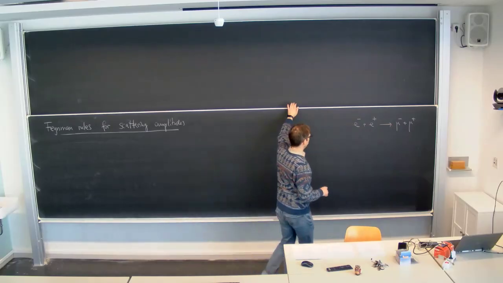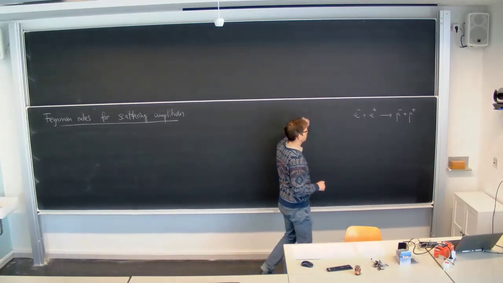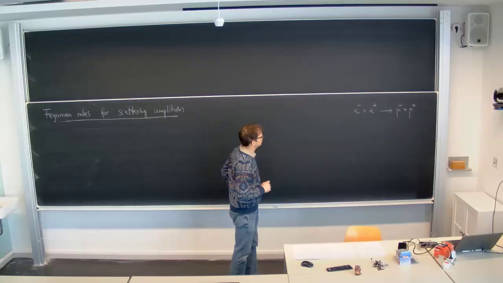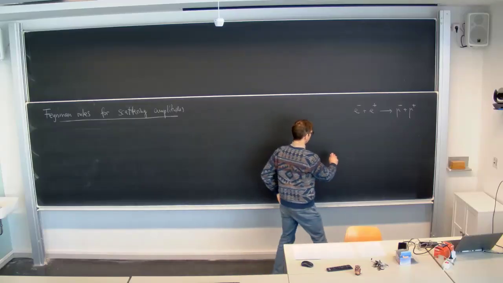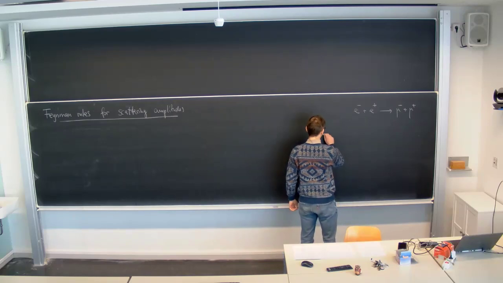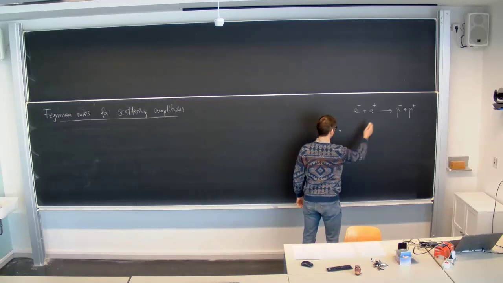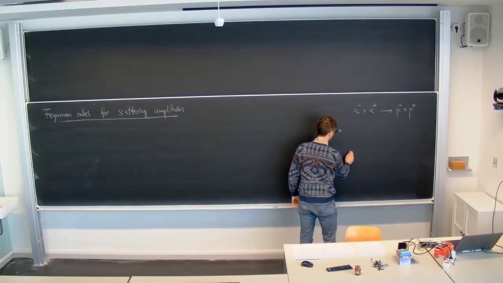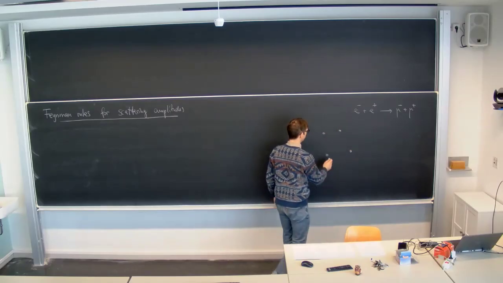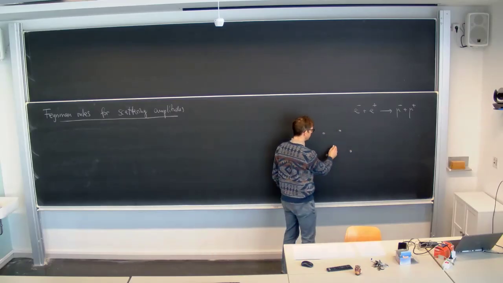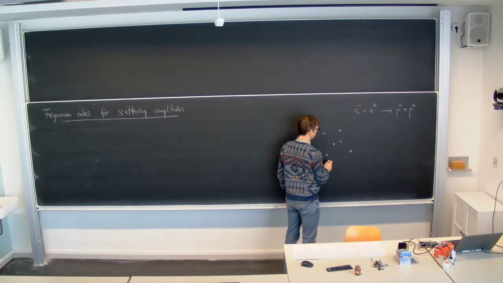So if I have a diagram, I have external points. In this case, there are 4. So I keep the 4 points. And then I have a number of vertices from the interaction. Say this is phi to the 4.